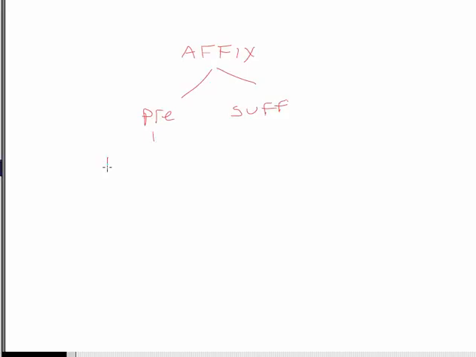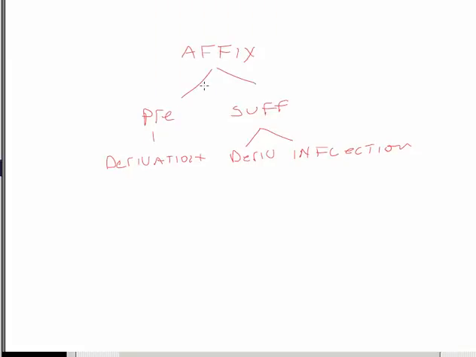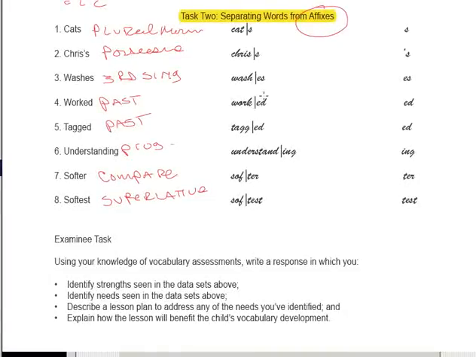Prefixes are always of one variety, that is the derivation. Suffixes you can divide into two parts, one being a derivation and the other being the inflection. So all of the suffixes that we looked at just a second ago on this page, these are all inflectional suffixes, and they only do a handful of things. They make plurals, possessives, etc.